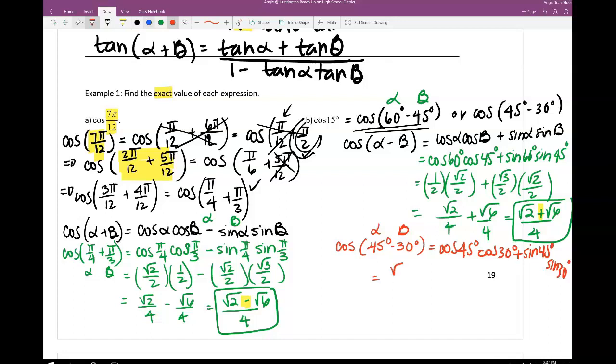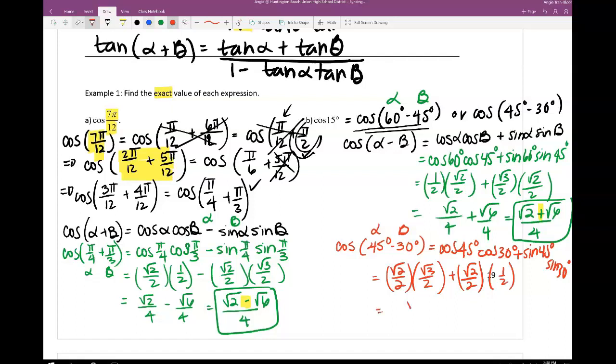And cosine of 45 is √2 over 2. Cosine of 30 is, did you say √3 over 2? Okay, I'll take that. And we are going to add √2 over 2 for sine of 45 times sine of 30, 1/2.